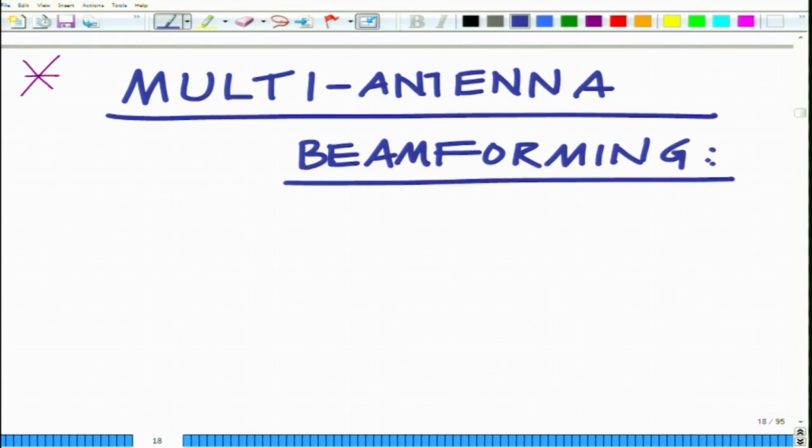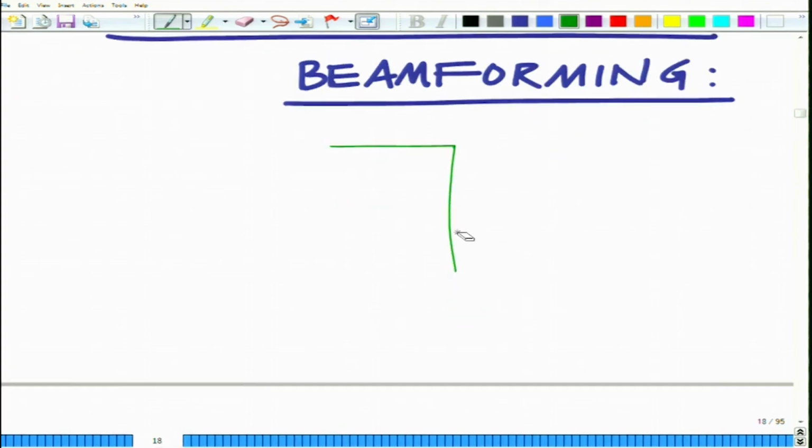What happens in multi-antenna beamforming is basically you have a receiver with multiple antennas, and let us say this is a wireless receiver in a wireless communication system, and you have multiple antennas.